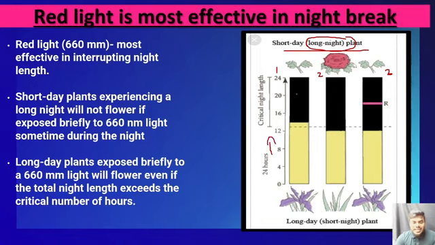And which length is less, friends? Night length is less. Now we all know very well, whenever there is a more night length, short day plant will flower. But here which is more, friends? Day length is more. Since the day length is more, long day plant will flower.